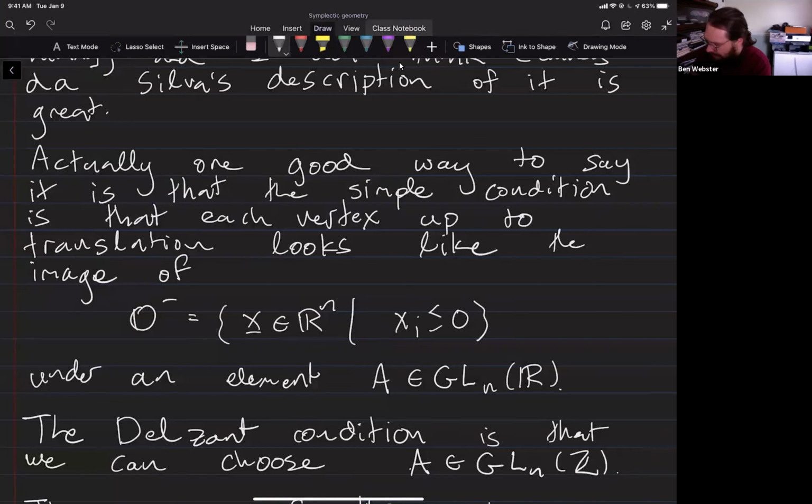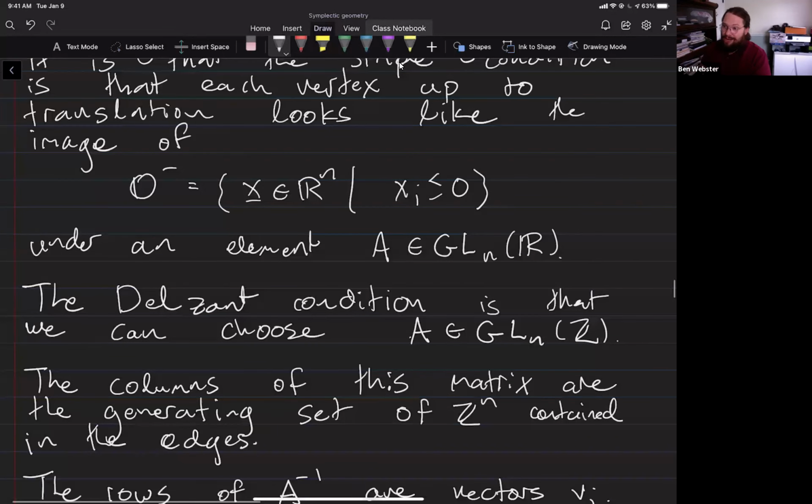So all of the vectors in Rn with non-positive entries, and I apply some element of GLn(R) to that. I apply a linear transformation to that. It gets somehow sheared and twisted and moved around, but it still has those n vectors coming out and bounded by n hyperplanes. And the Delzant condition is that I can do this with an element of GLn(Z).